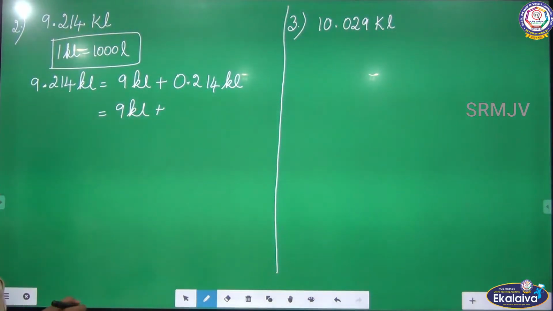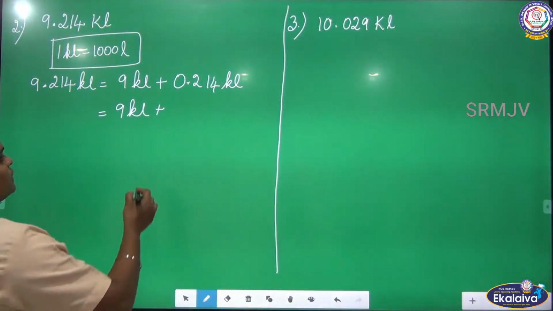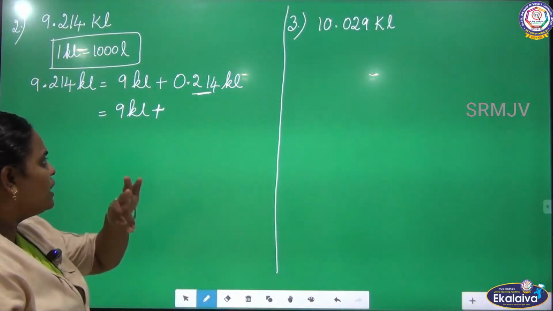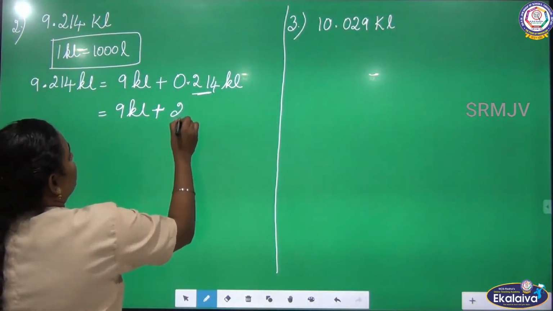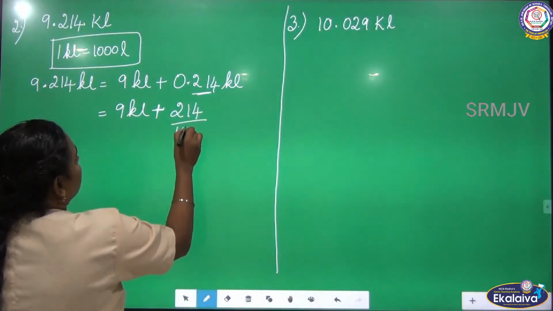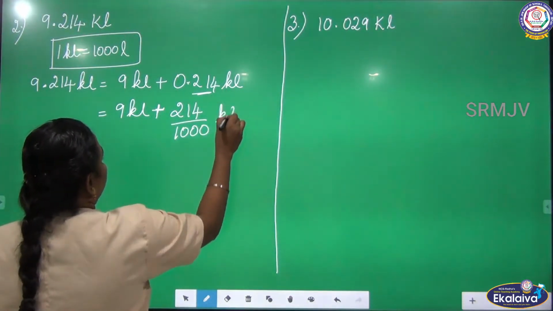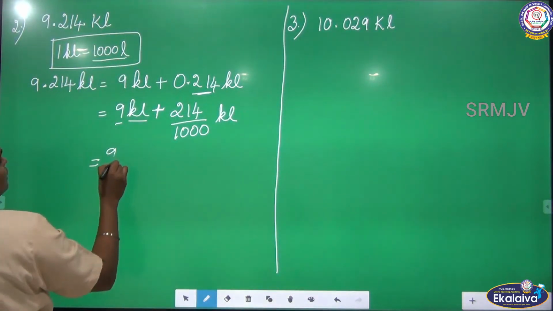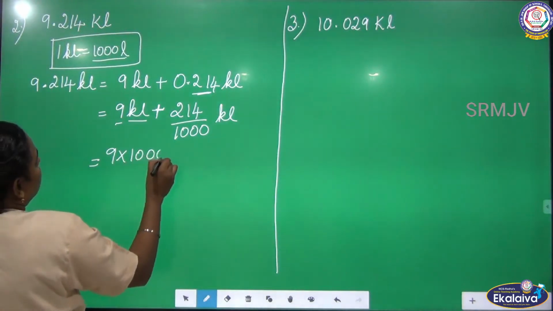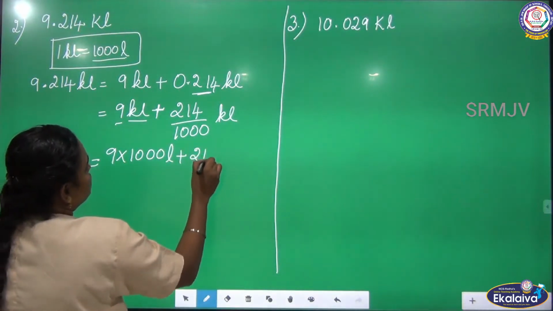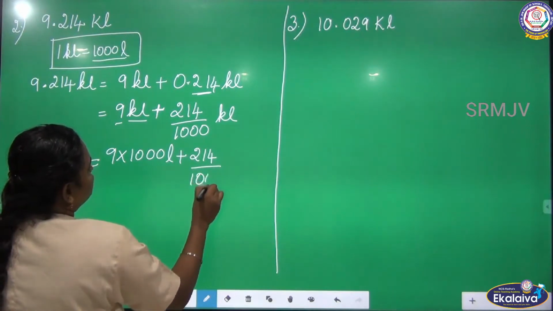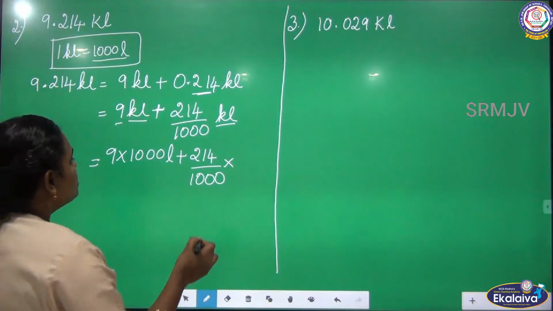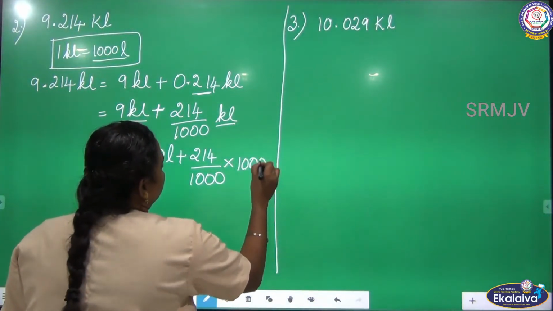So we will write 9 kiloliter. Tell me the fraction form for 0.214. There are 3 decimal places. So we can write 214 by 1000 kiloliter. So 1 kiloliter equal to 1000 liter. So 9 kiloliter equal to 9 into 1000 liter plus 214 by 1000 multiplied by 1000 because 1 kiloliter equal to 1000 liter.